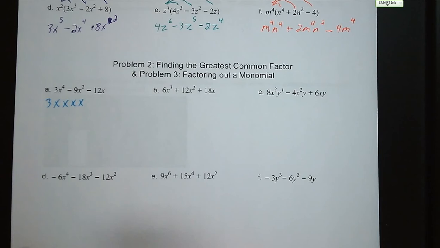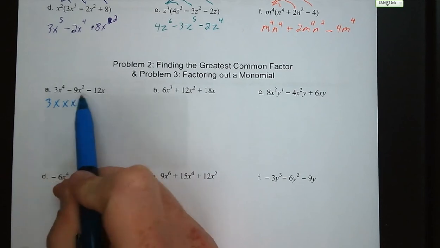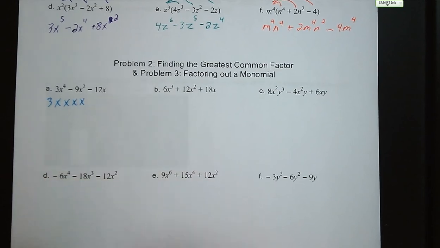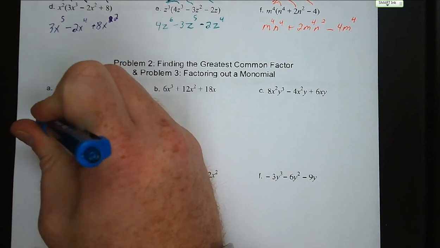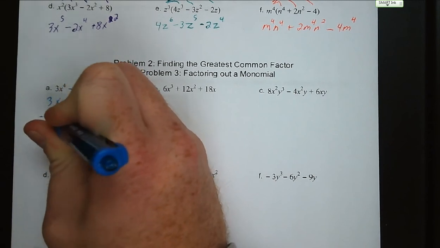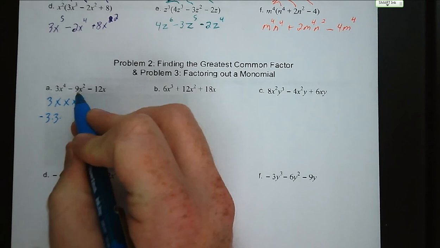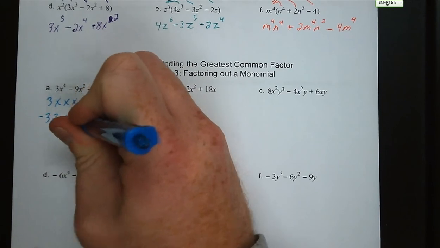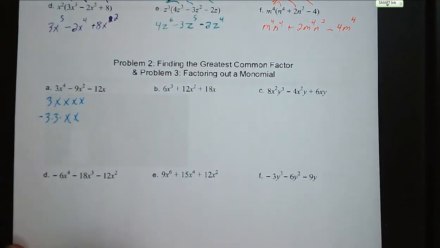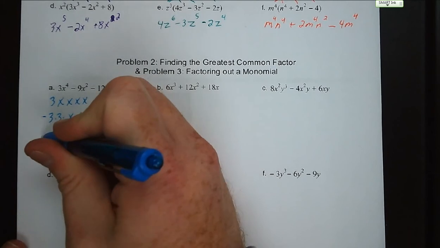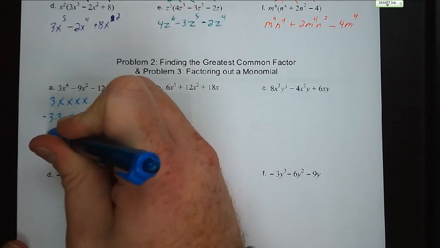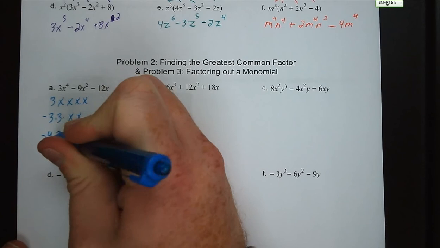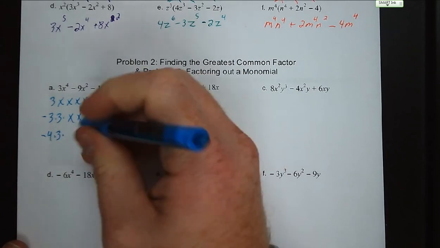My second term is negative 9x squared. Well, negative 9 I can break into negative 3 times 3, and there's 2 x's. And negative 12, I can break that into a negative 4 and 3, and we have 1x.